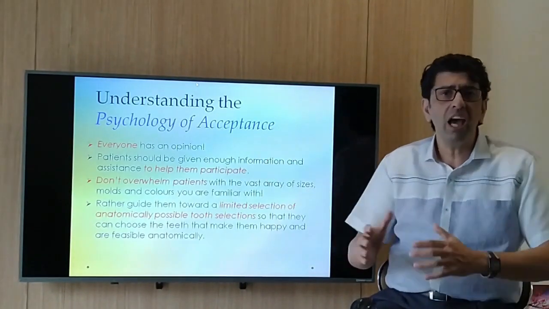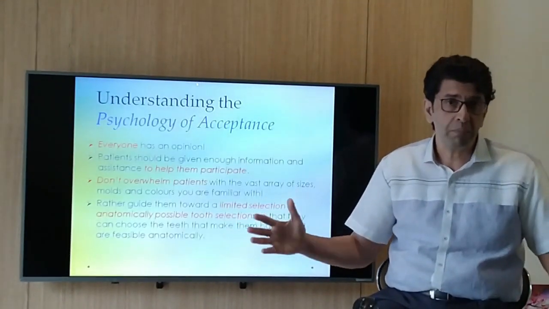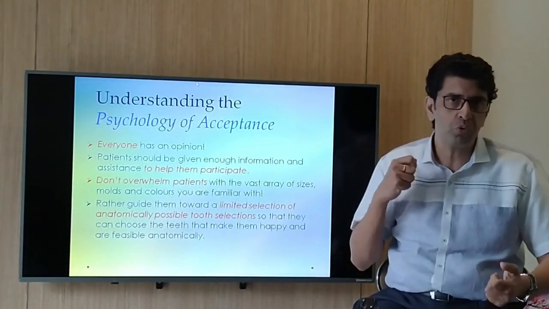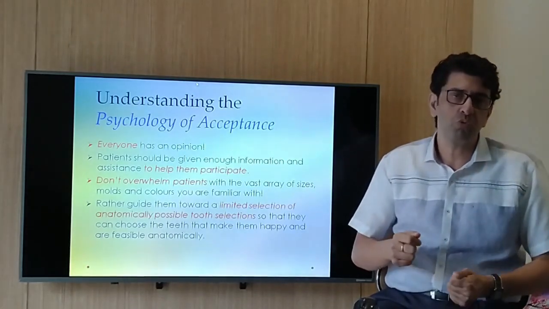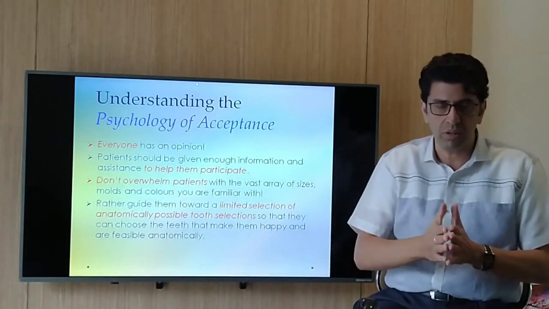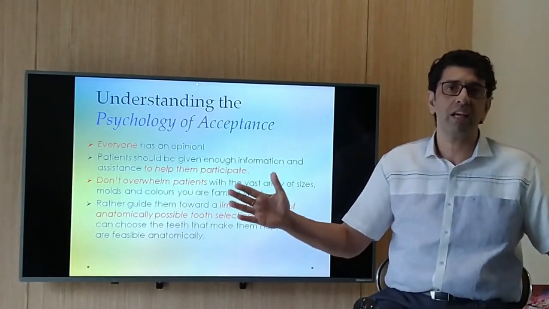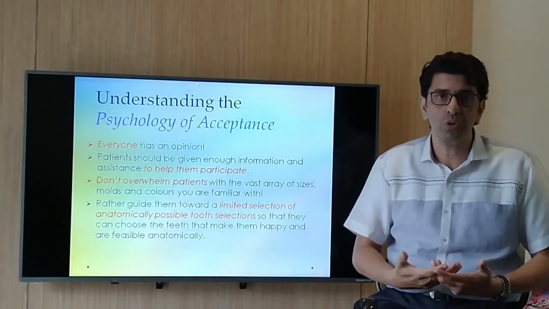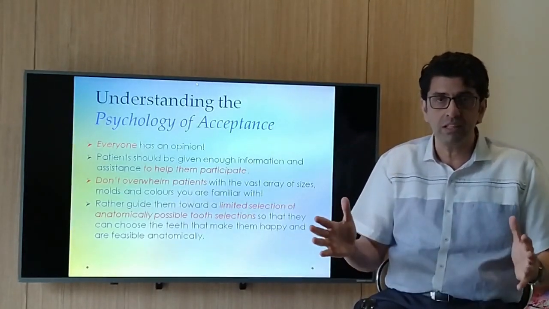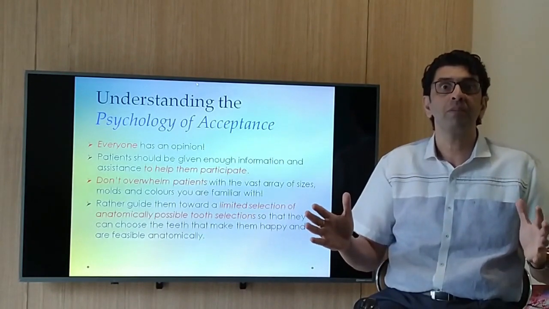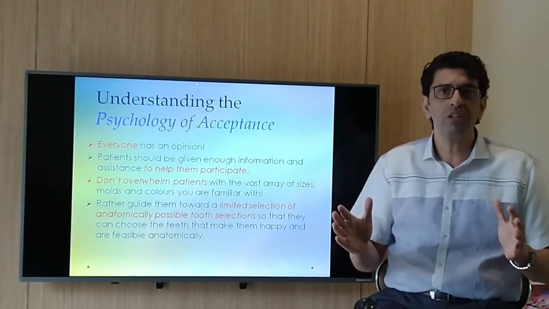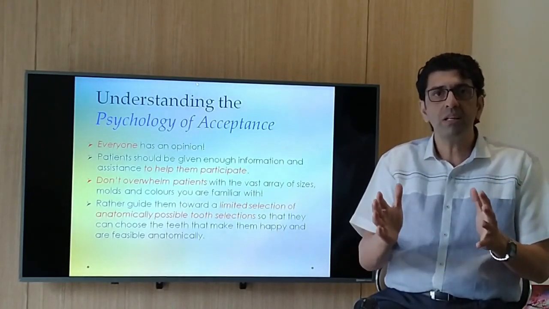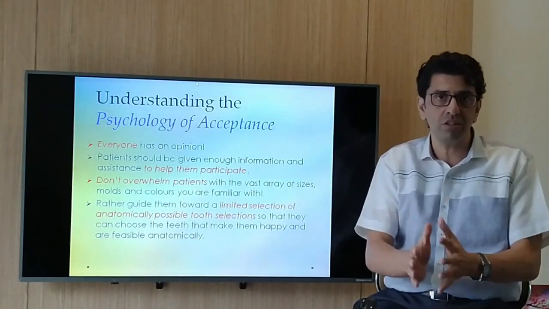Well, we have a vast array of teeth, shapes, sizes and colors to choose from, and as dentists we may be able to pick a shade and pick a tooth form and say this and that about the myriad of teeth forms and shapes and sizes and colors that we possess, but the patient may not be able to do that. So looking at too many teeth, the patient is going to be really confused and overwhelmed. So it's important that you help the patient to narrow down to a limited number of teeth, to help him make a decision finally.